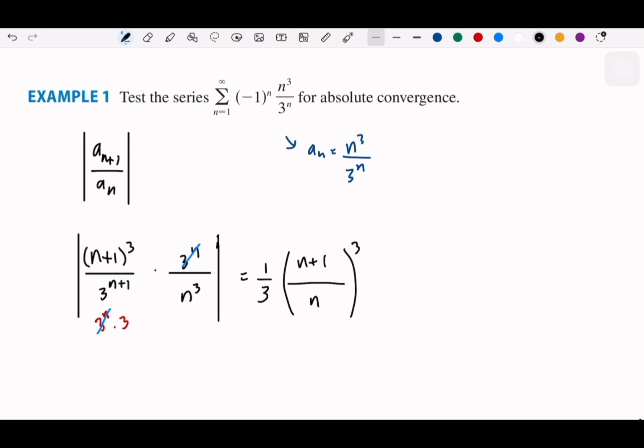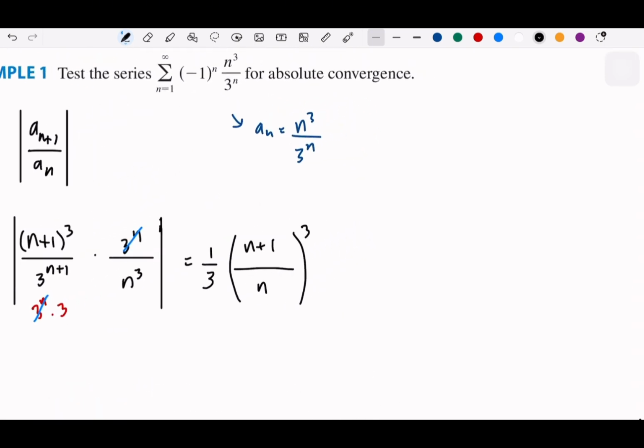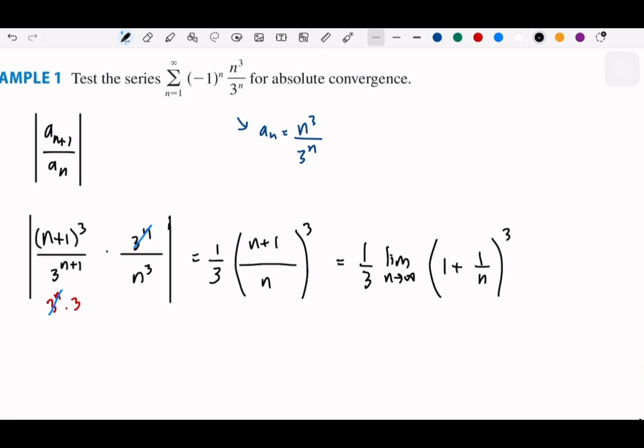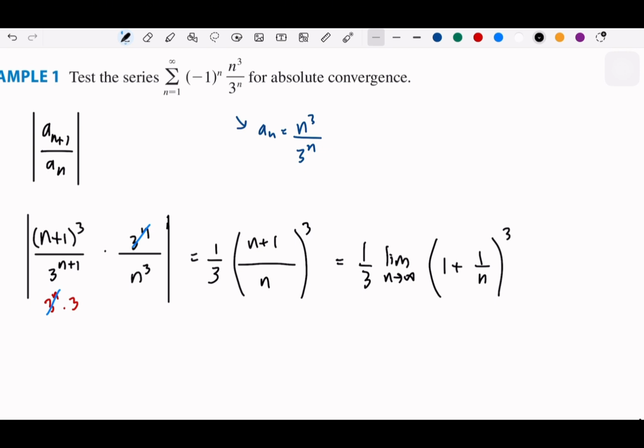And then what we should do next is take the limit. So we can write the limit maybe here. Take the limit. This would be (1 plus 1 over n) cubed. So this will be just 1, right?